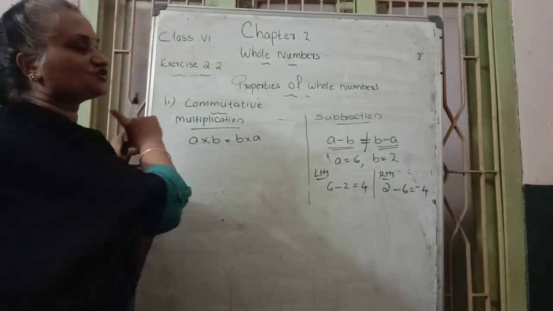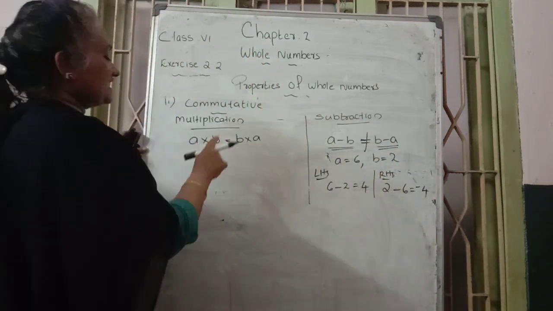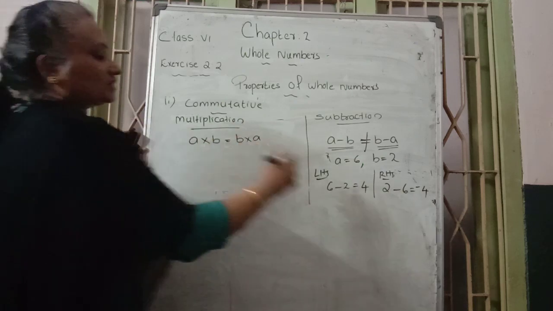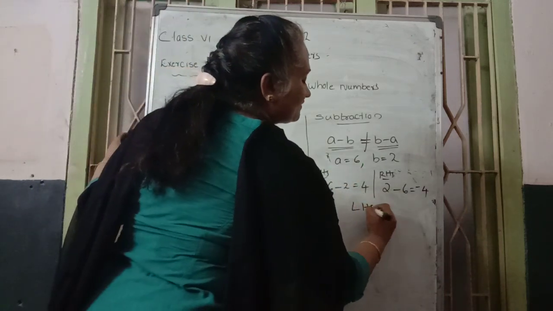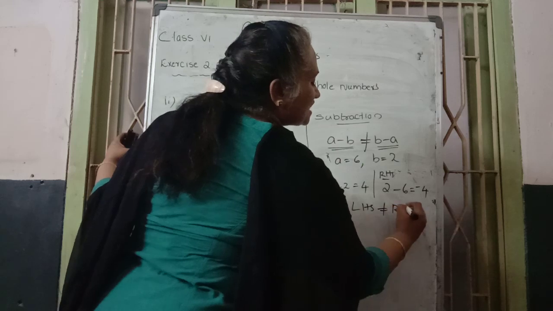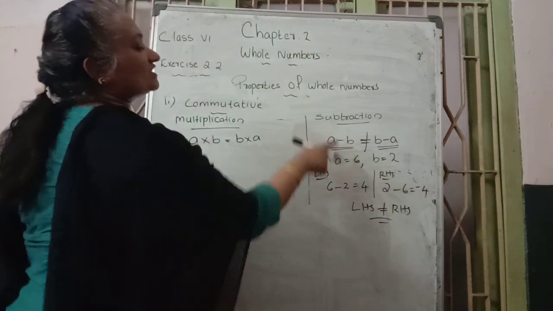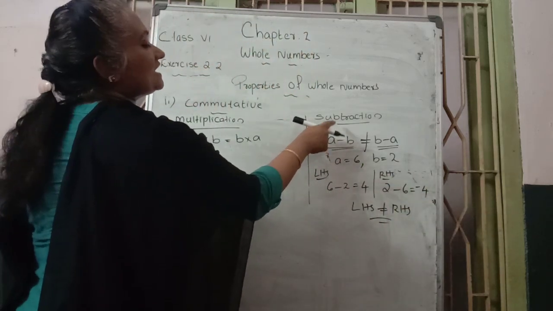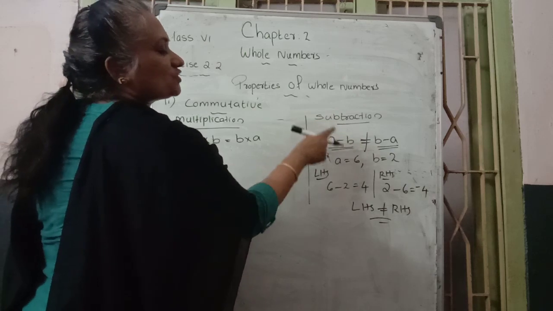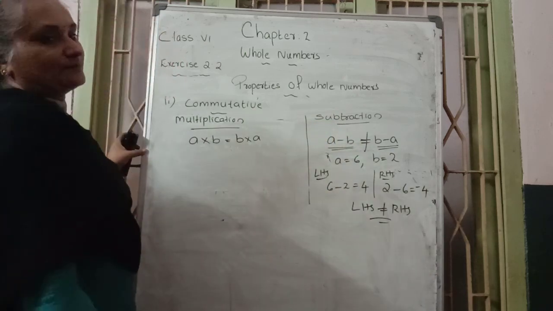So a minus b is not equal to b minus a. Why? Because the LHS answer and RHS answer are not equal. That's why we say that the commutativity property is not satisfied under the subtraction case.